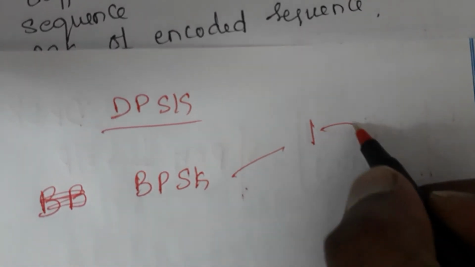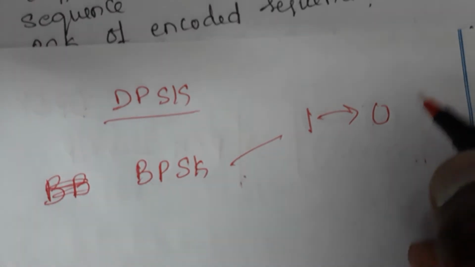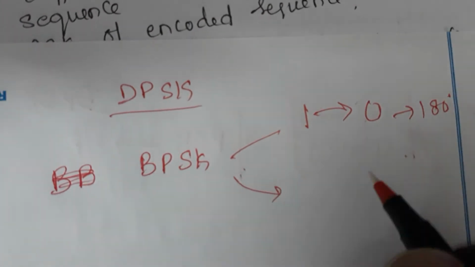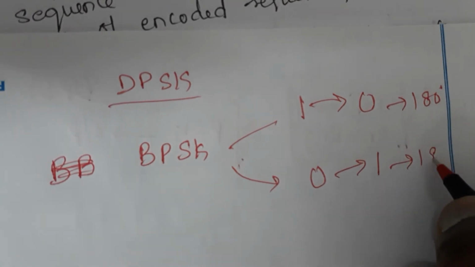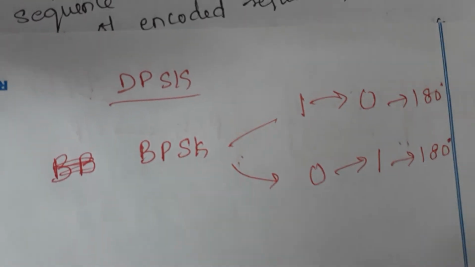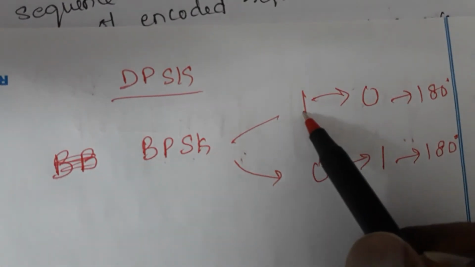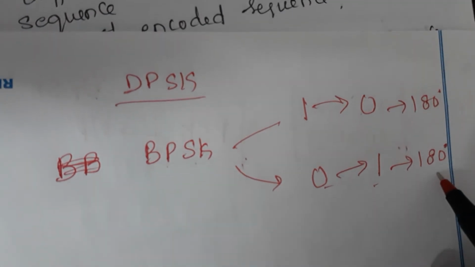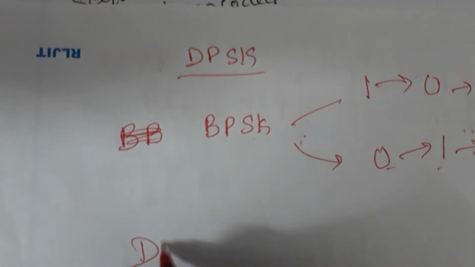In BPSK, when the data changes from 1 to 0, I have a phase shift of 180 degrees. Or when the data changes from 0 to 1, I have a phase shift of 180 degrees. That is binary phase shift keying. But this is different from DPSK.